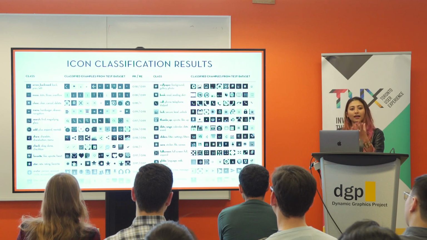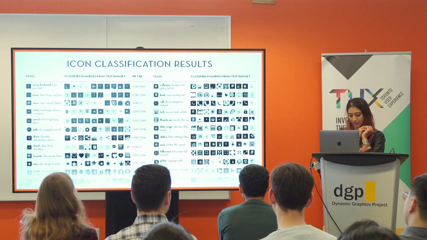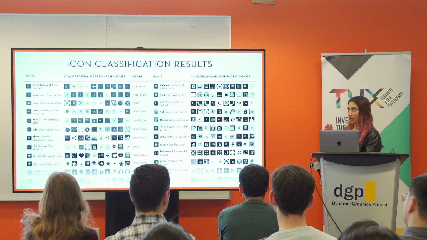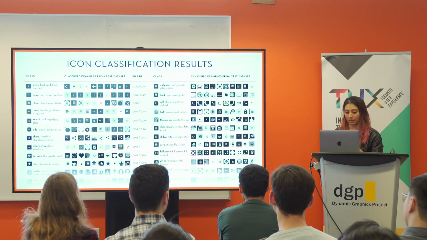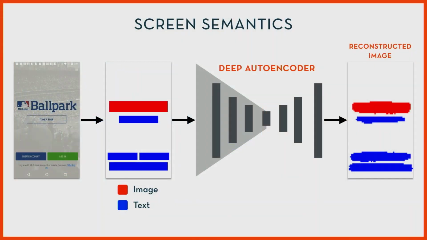So now we have element level semantics, right? And I said we started with element level semantics because that's a great way to bootstrap higher level semantics. So what you can do is you can take, for example, the semantified versions of the screenshots, and now you can start saying, can we actually learn a semantic space for screens?